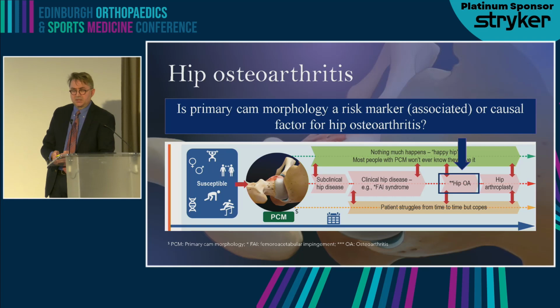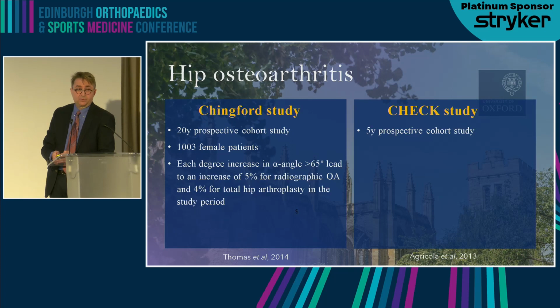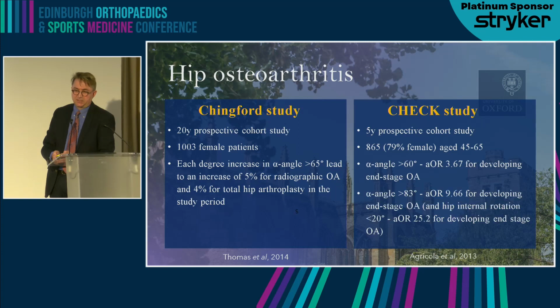So the key question looking at osteoarthritis is: is primary cam morphology a risk marker, an association, or a causal factor for hip osteoarthritis? And you all know these two wonderful long-term prospective cohort studies, the Chingford and Czech studies involving large cohorts of mainly women, demonstrating that there's a strong relationship between the alpha angle, above 65 degrees in the Chingford study and above 60 degrees and 83 degrees in the Czech study, and osteoarthritis.